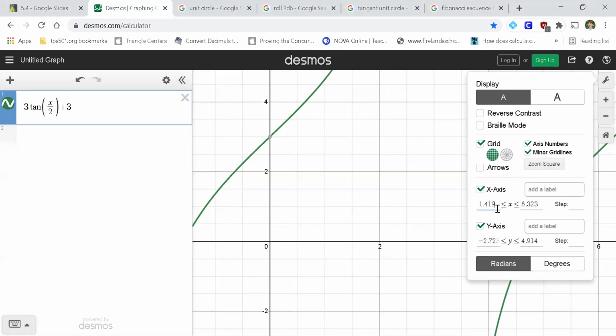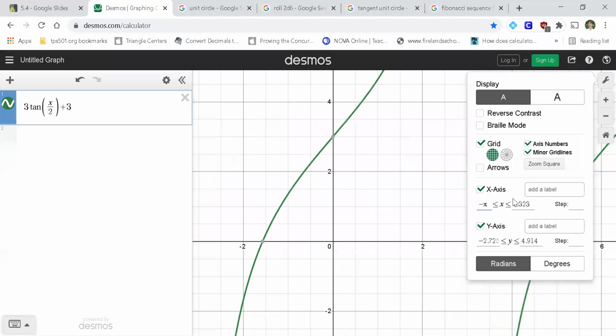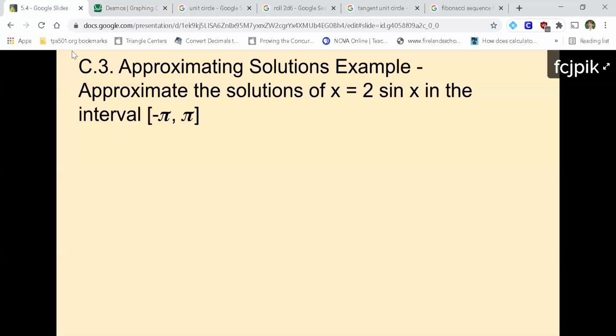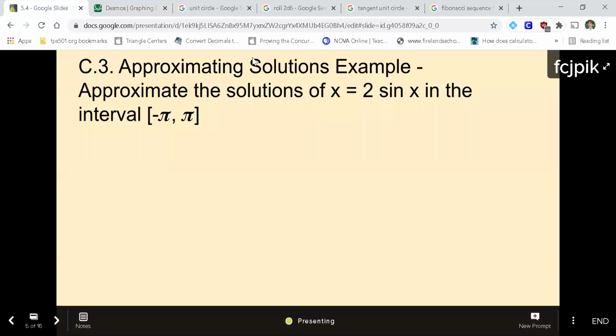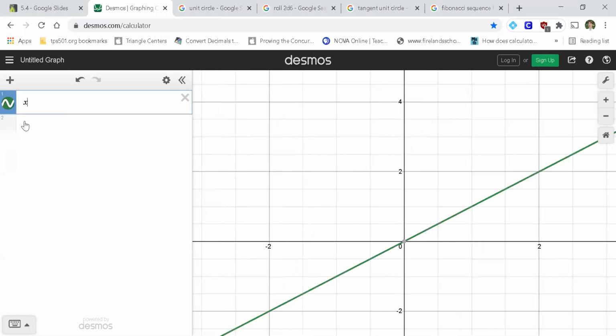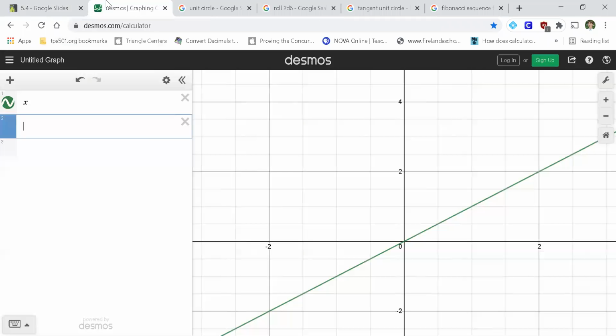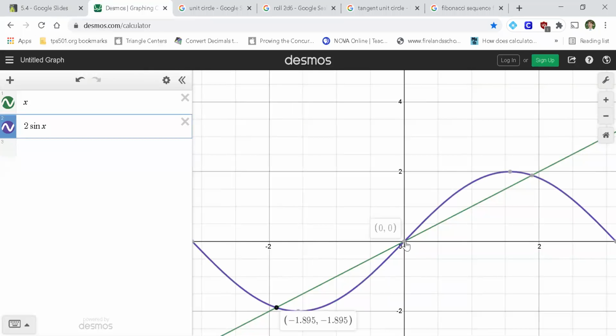So if I type in negative pi, I almost thought about just not lecturing over this one, but again, how you have to type this in is the left side is one equation, and then the right side is a second equation, and then you see that they intersect there, and you get your 3 answers.